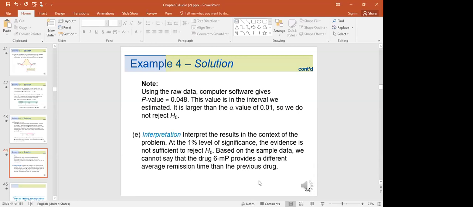You reject the claim or you do not reject the claim. When the claim is H1, we either support or do not support it. If the claim happens to be H0, as you will see sometimes along the line in the course, we either reject it or we do not reject it. In most cases, the question in the problem is going to lead you into what conclusion to have.